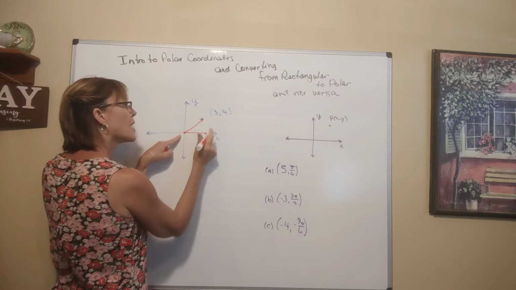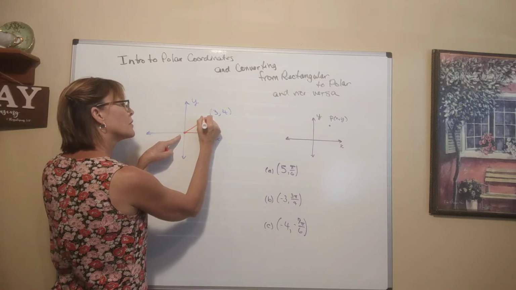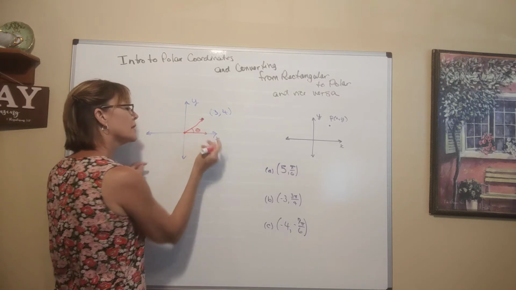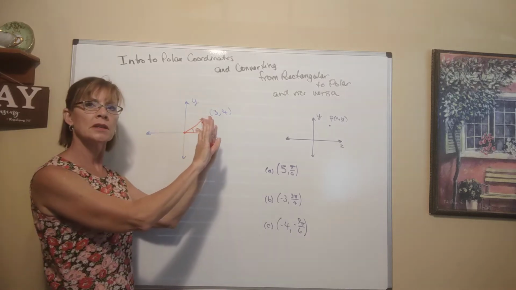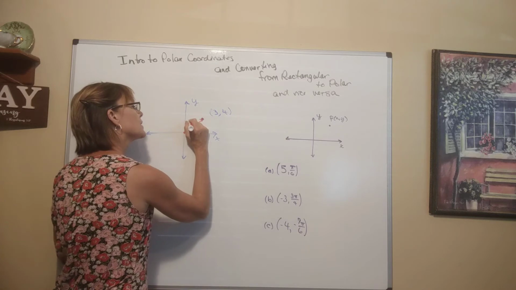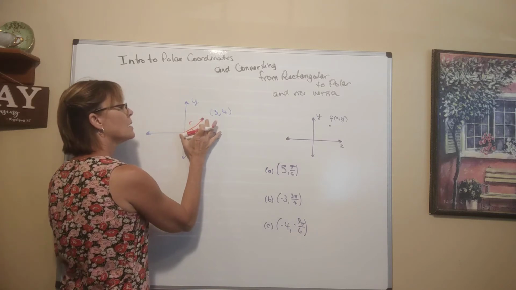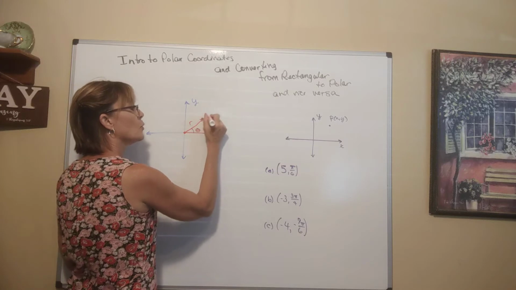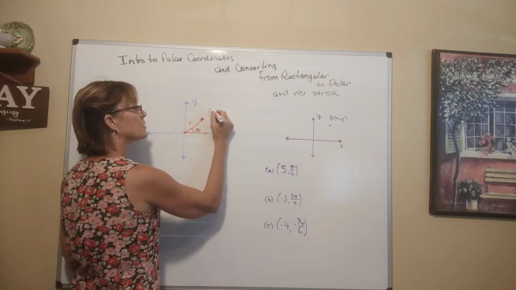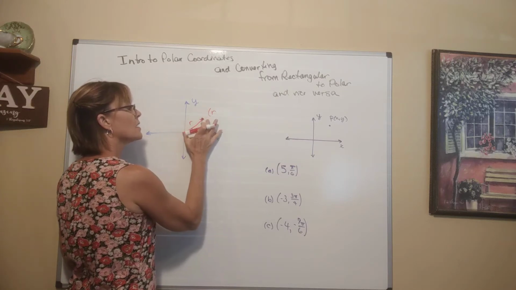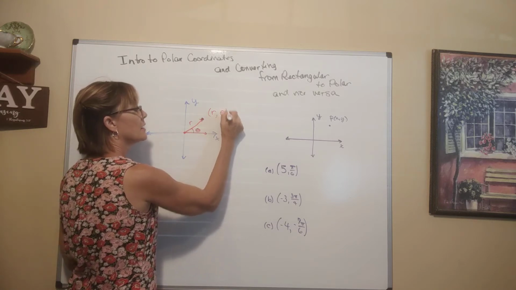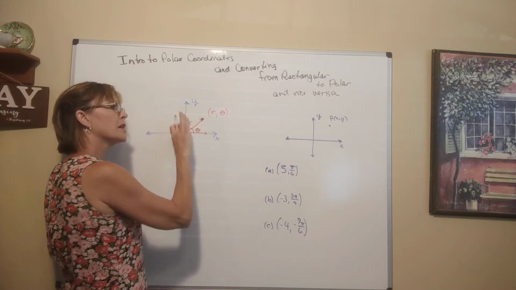We describe this point in the polar coordinate system with this angle theta, how far we have to rotate to get up there, and this length, the length of this vector r. So this point is described by the length of this ray and the angle it took to rotate up there.